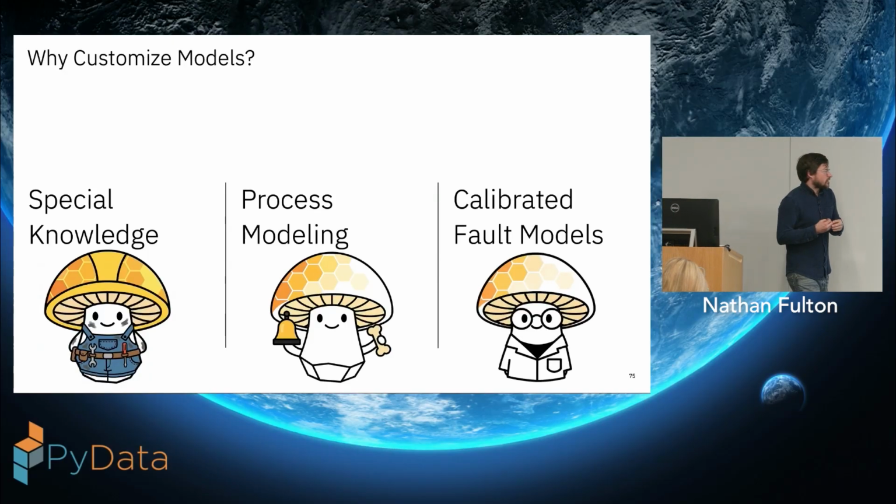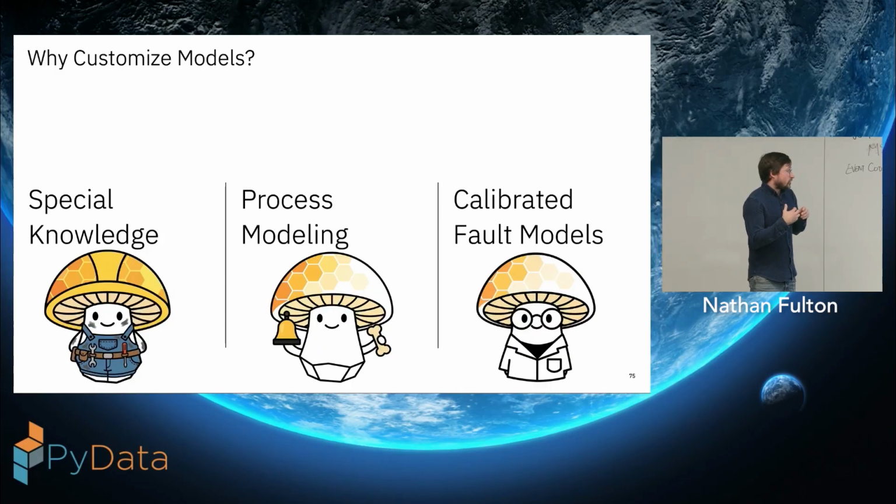And then the third reason is that you have a task that is addressable using an off-the-shelf model, either in a zero-shot or a few-shot way, but you really care about getting an accurate, calibrated fault model.